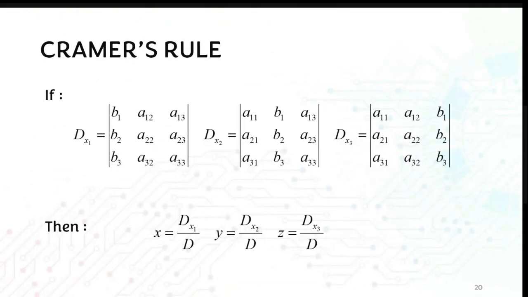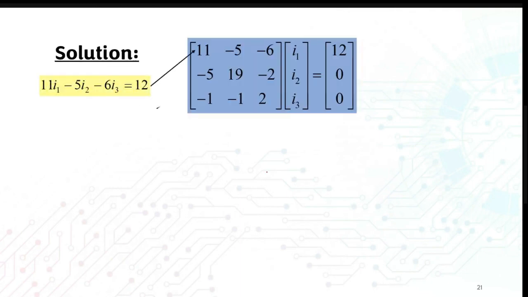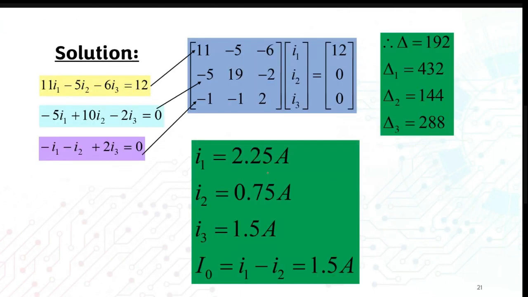When you solve, you will get I1 equal to 2.5, I2 equal to 0.75, I3 equal to 1.5, and I naught, which is I1 minus I2, equal to 1.5 amperes.